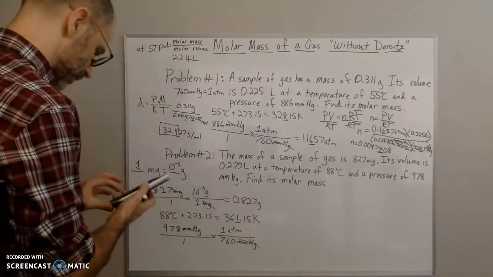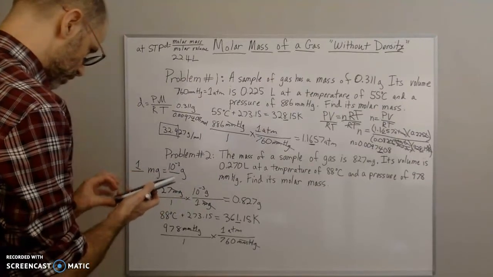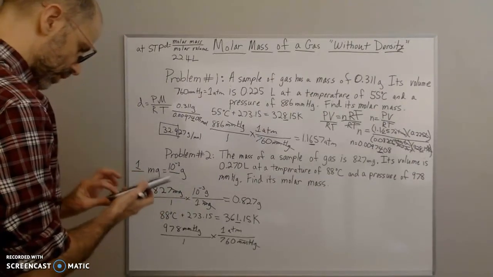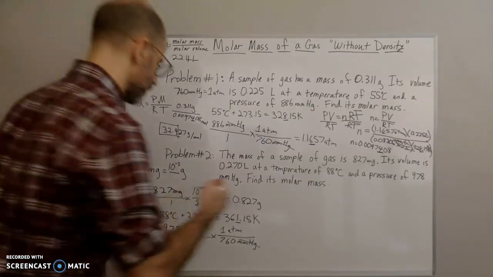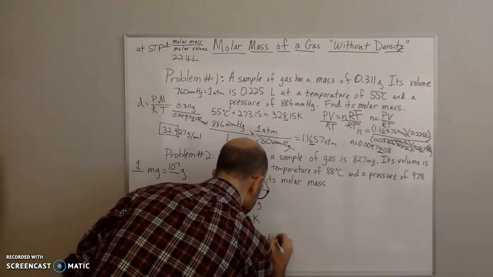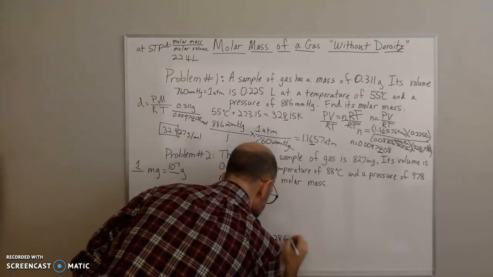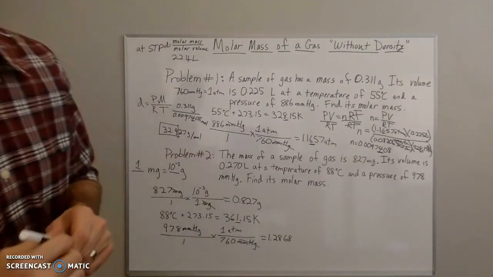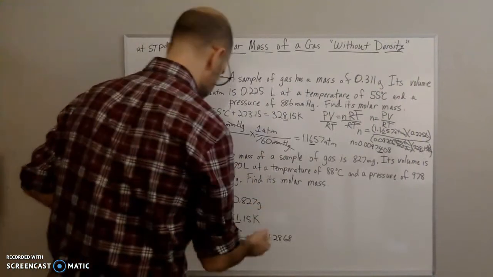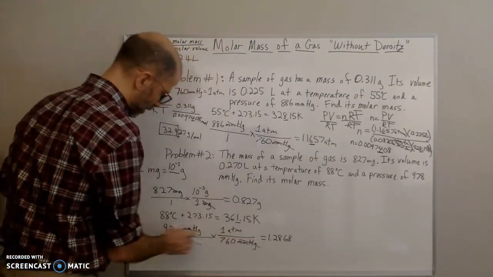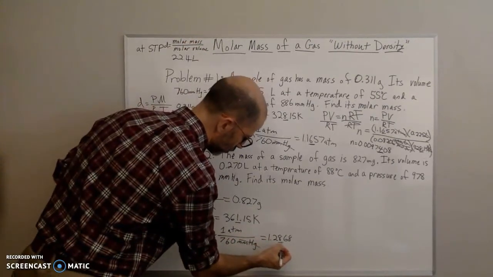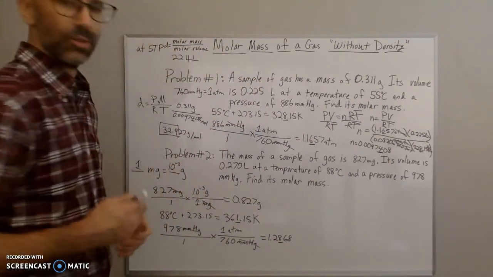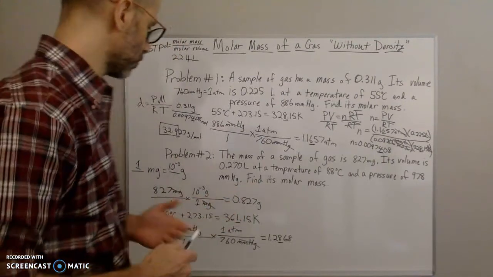So I have 978 divided by 760 equals, and I get 1.2868. Let me double check. 1.2868. And so this is exact, so I don't need to worry about that. So I have 3 sig figs, so I'm allowed 3 sig figs. So that's the last one. So now everything is converted into the proper units.